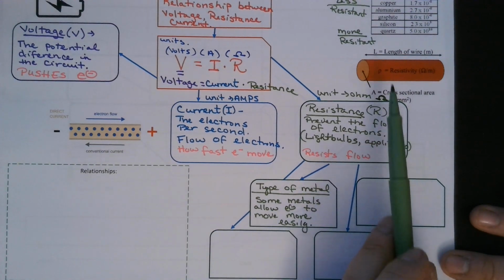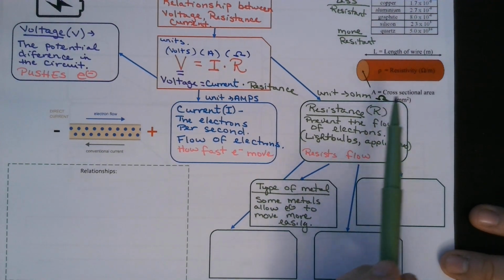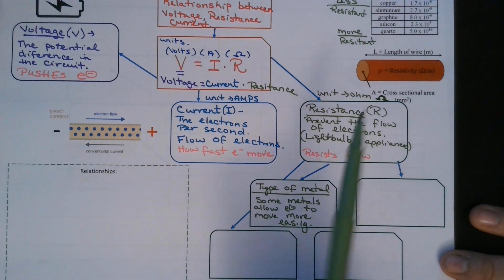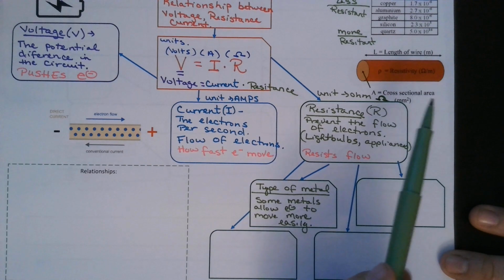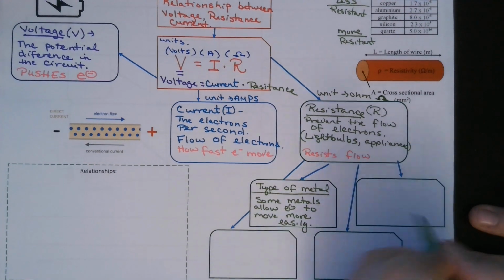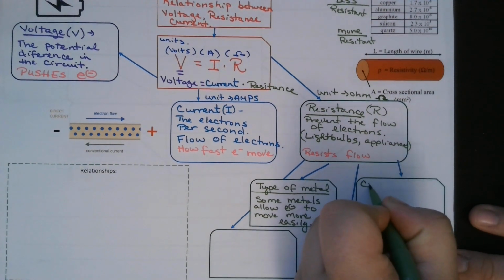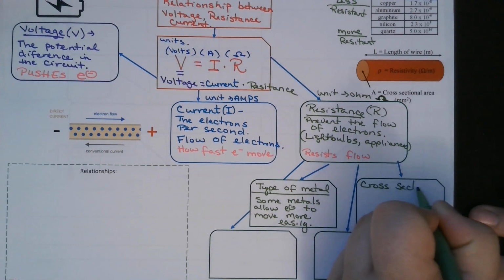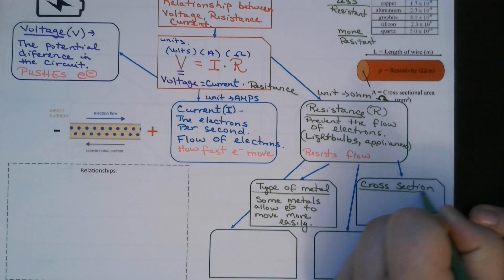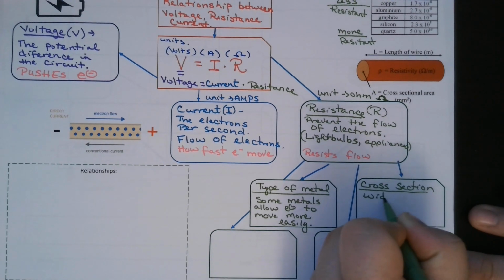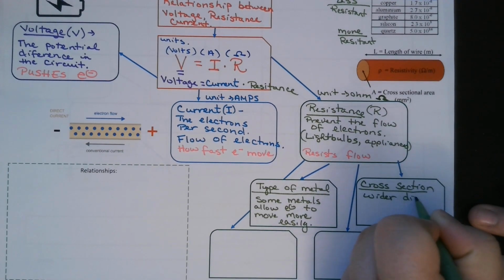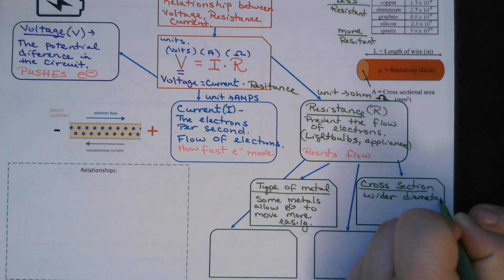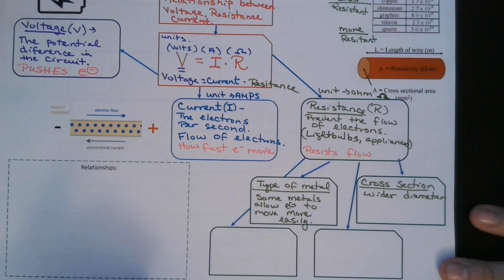And if you look at this piece of wire, these are your other three things. The cross section: if it is a wider wire, so a wider diameter. And again, think about it, it's a flow of electrons.